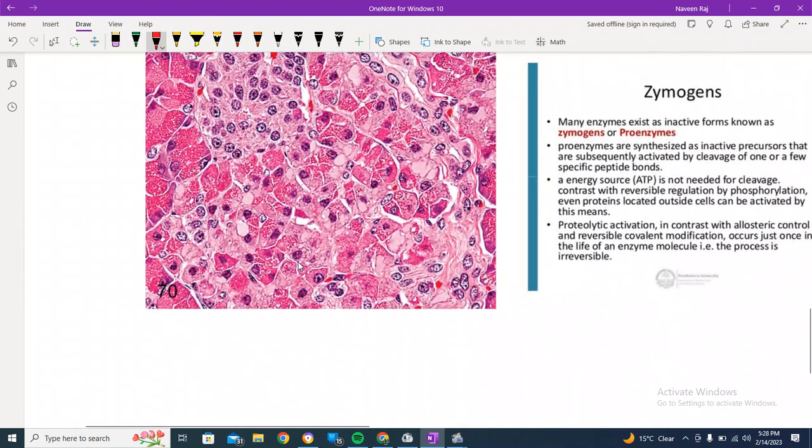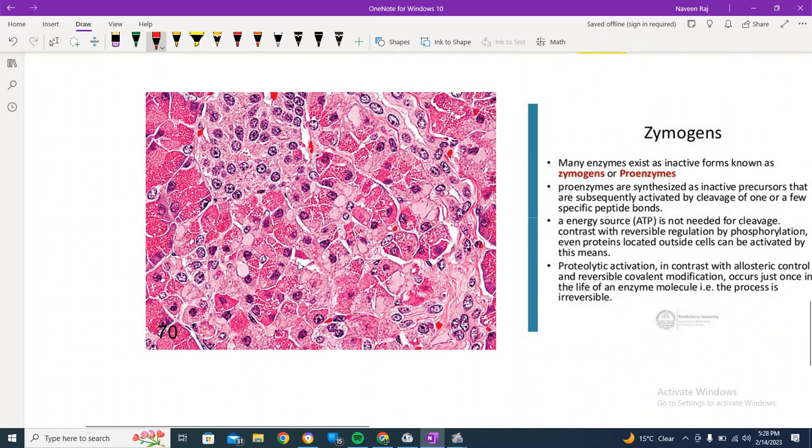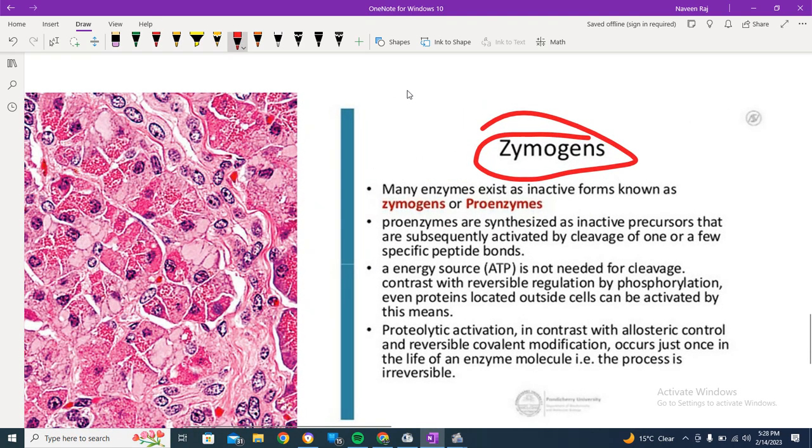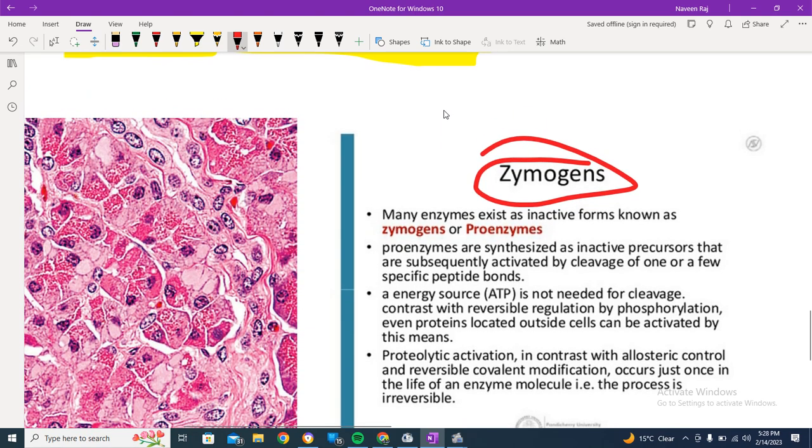Here you will see the microscopic picture of the mucosa layer, and in between, these zymogen cells are also present. This picture is just for reference. We'll just give the overview and look for the important points.